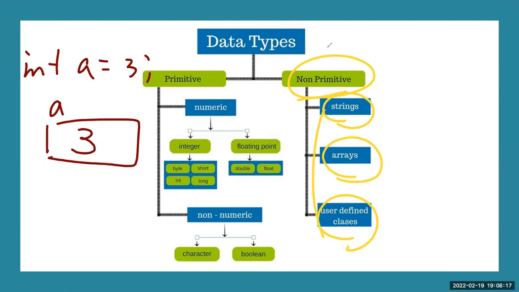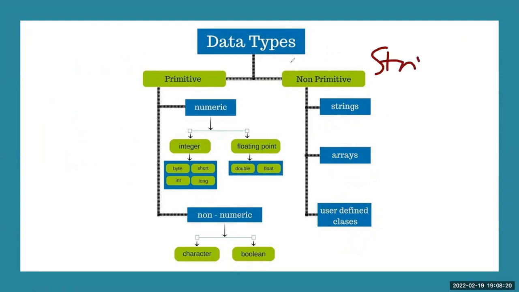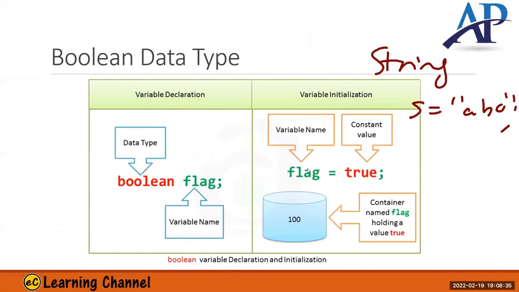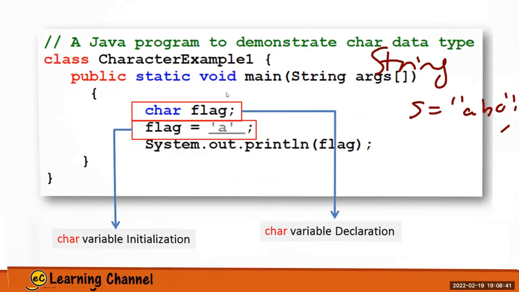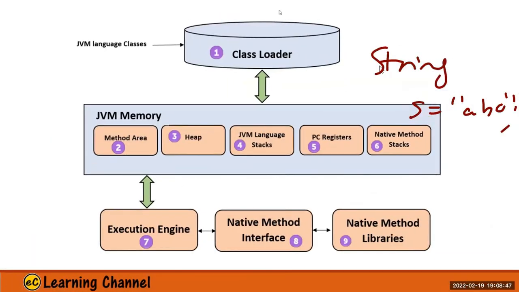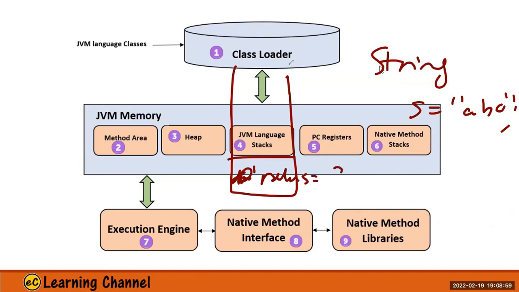Let's assume that you have a string, string s equals ABC. When you declare an integer in your function, or a char flag or double radius, what will happen is in your memory, in your stack, right here in the main function, you will create a double value, say radius, assigned with 3.0.